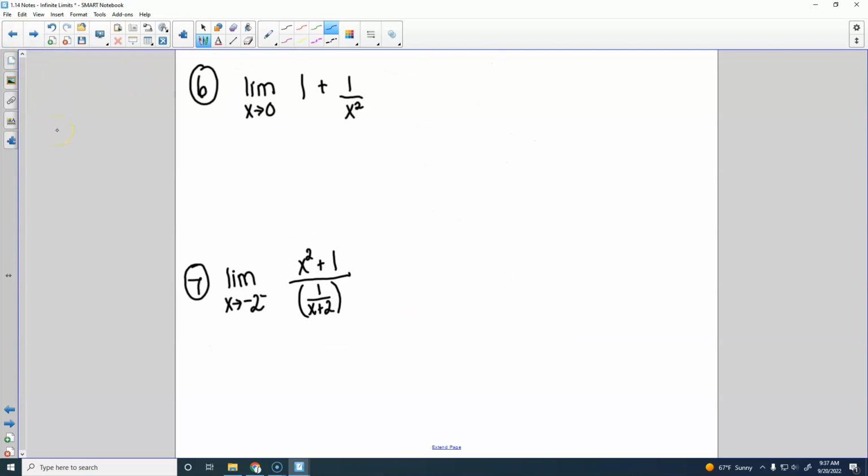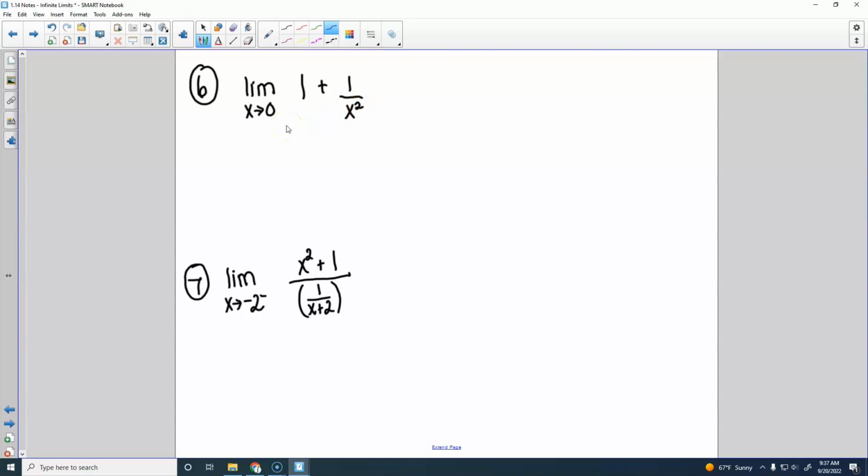So to look at a couple more problems, we have the limit as x approaches 0. Here, we do have a vertical asymptote for this part right here, because this is our x squared right here.